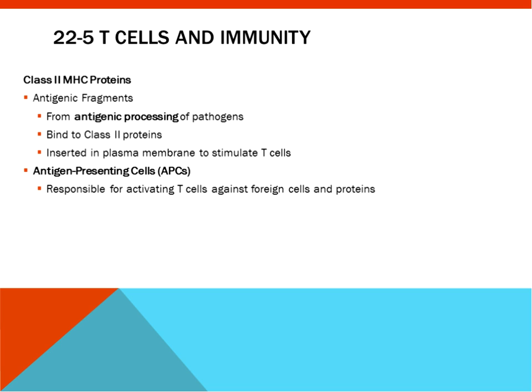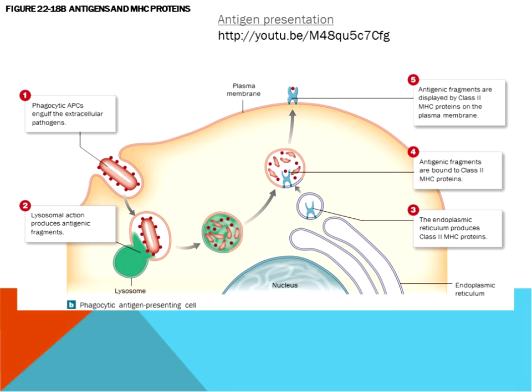So instead of saying, hey, kill me, when we have an antigen that's on a class 2 MHC marker, it's telling the T cells to kill this. This is the antigen that is causing us problems. So if an antigen is on an MHC1 marker, the cell is saying kill me. If an antigen is on a class 2 MHC marker, it's saying kill this.